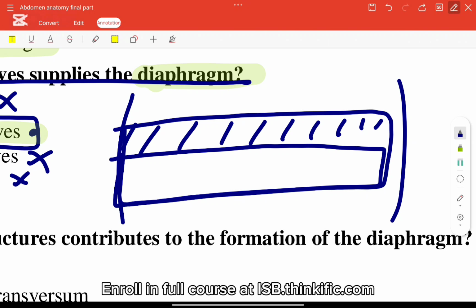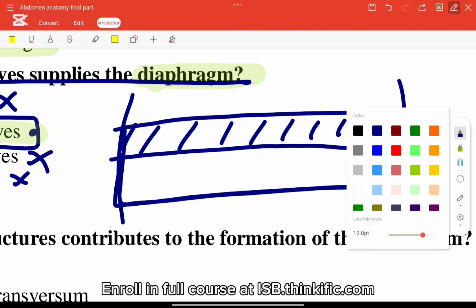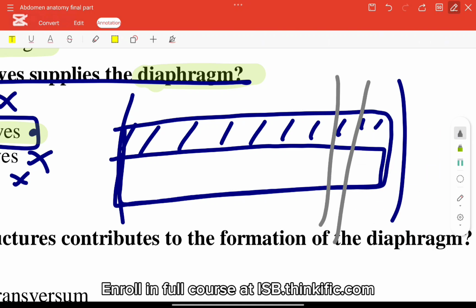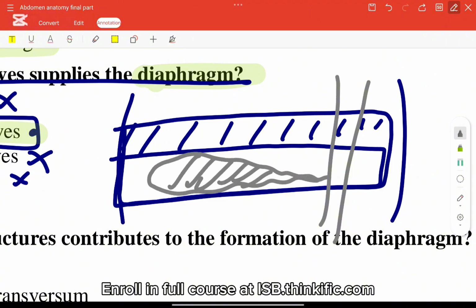Why? Because the liver will grow into the lower part of the septum transversum. That's the foregut tube. The liver will grow here, along with the gallbladder.